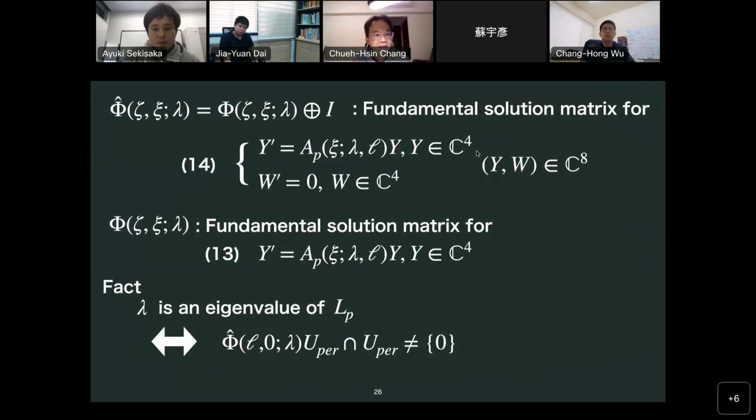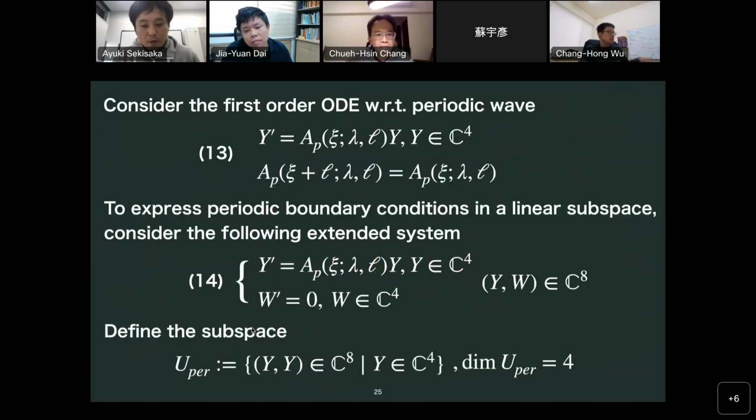Phi hat is a fundamental matrix for equation 14, right? Yes. But U per is four-dimensional, right? Yes, it is a four-dimensional subspace.